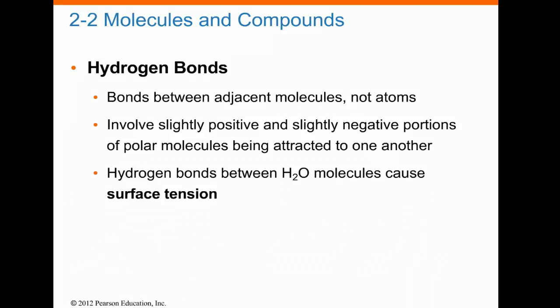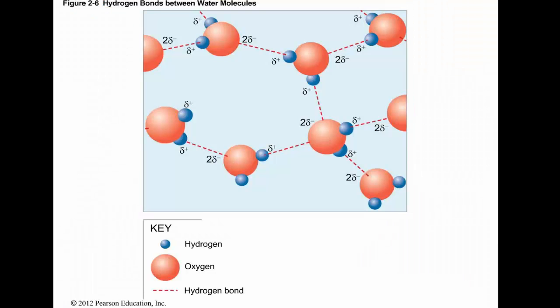And surface tension is important when you're measuring out medications. So you want to look at the bottom of the meniscus if you're pouring medication into a medicine cup, which is a liquid. So here we can see the hydrogen bonds between water molecules. So the positive and the negative ends of the polar molecules are attracted to each other.